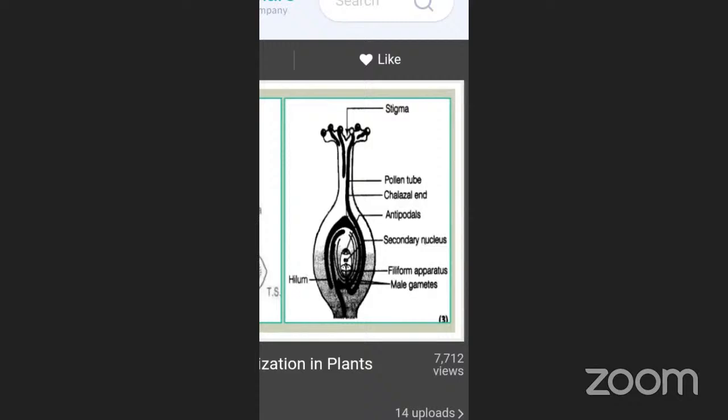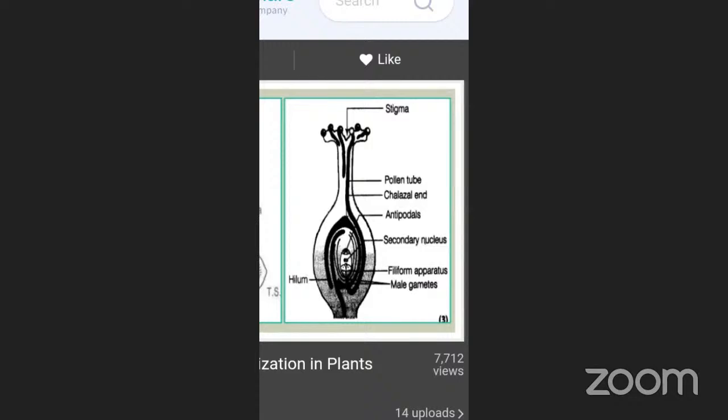So here, the synergids can play an important, vital role in the pollen tube entering into the embryo sac.